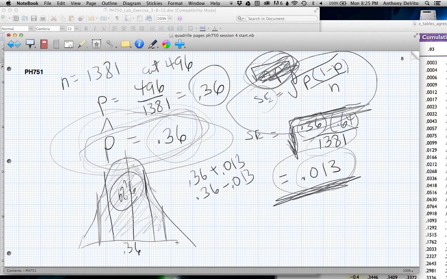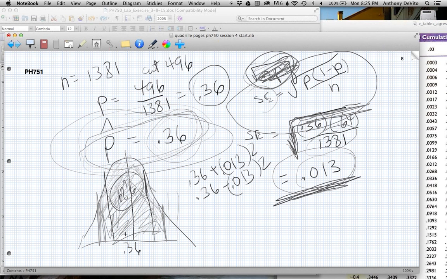So we would expect 95% of the outcomes to be somewhere within 2 times that. We use the square root of p times 1 minus p over n for the variability, the standard error, for repeated samples of that size.